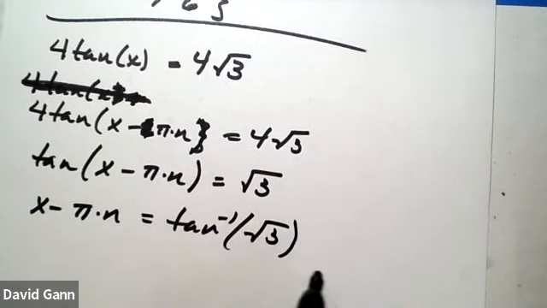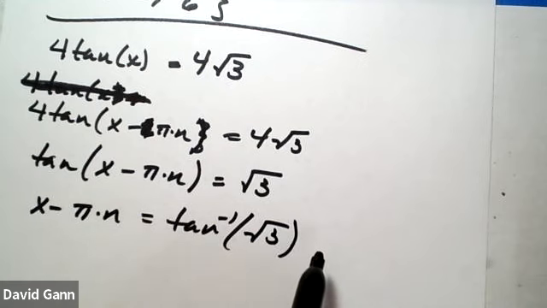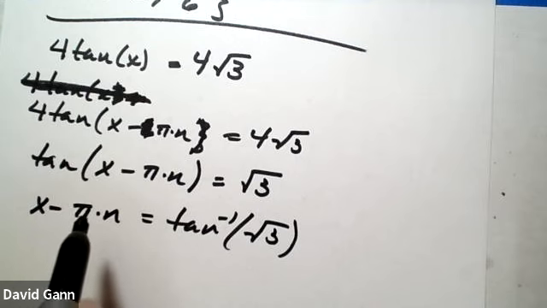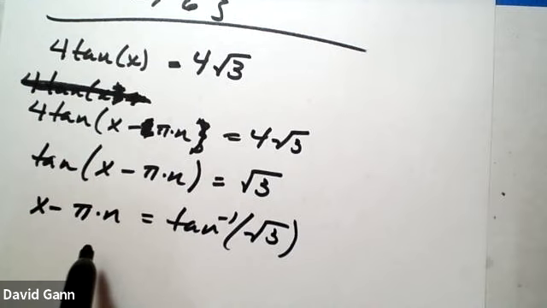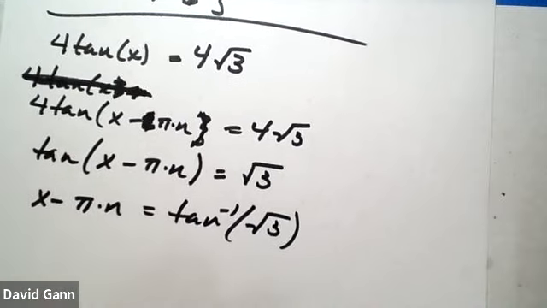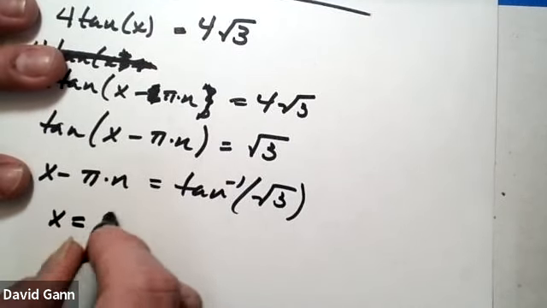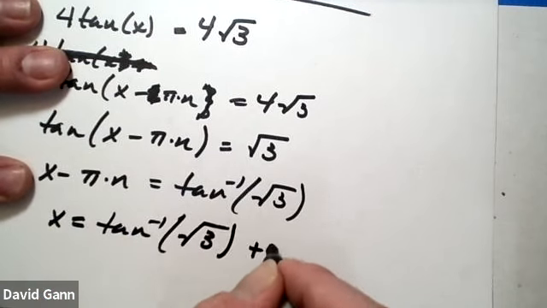Now, here's the thing. Remember, there was an alternate root, and the alternate root was to add pi, right? I mean, it was just the value that's in the opposite quadrant. Well, now that we have a period of pi here, we don't really need that. That alternate root doesn't really help any, because we're already covering it with this periodicity term. So x becomes the inverse tangent of square root of 3 plus pi times n.